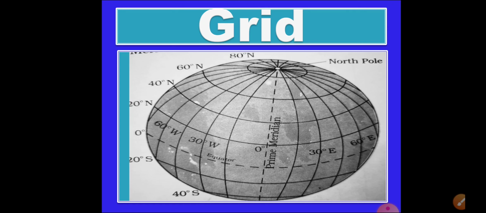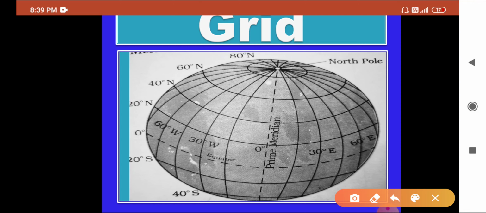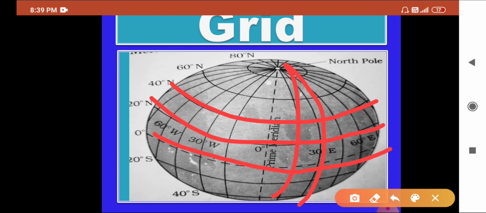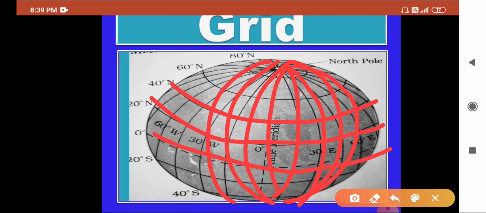Some are, you can say, in the horizontal manner as a latitude. Here these are latitudes which are parallel, not joining, whereas the others are longitude. These longitudinal lines are joining on the poles. This you have to understand. So this is making a crisscrossing each other.